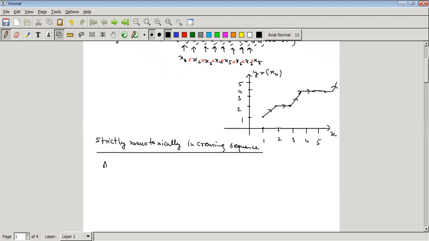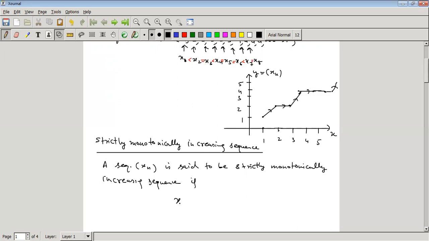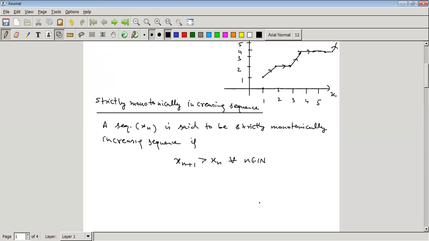A sequence xn is said to be a strictly monotonically increasing sequence if xn plus 1 is greater than xn for all n in N. So here xn plus 1 is strictly greater than xn. The next term is strictly greater than the previous one.